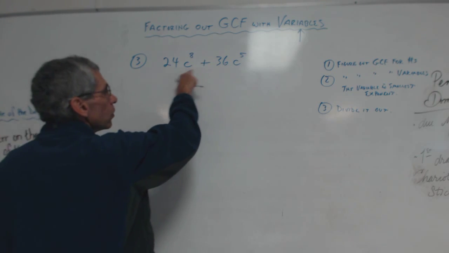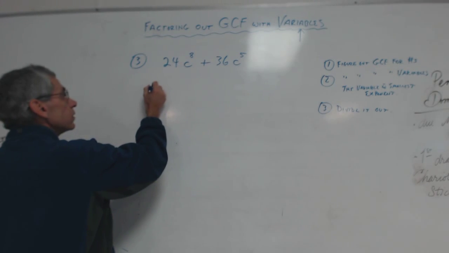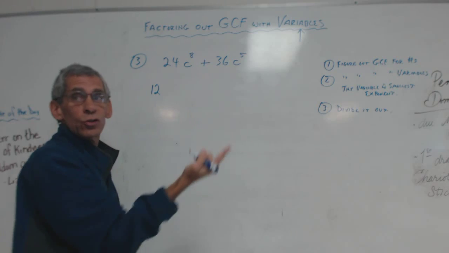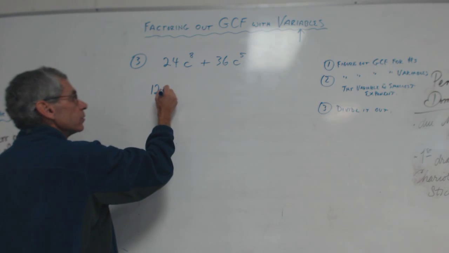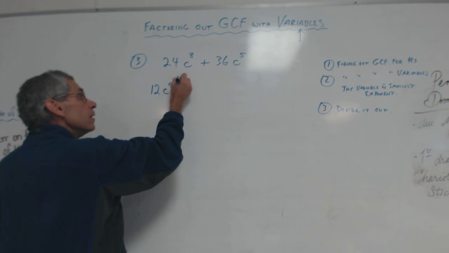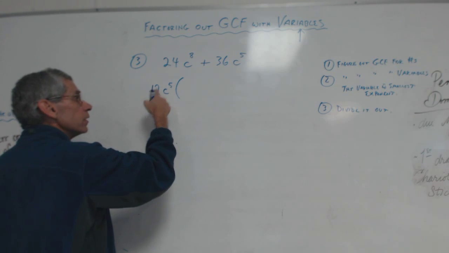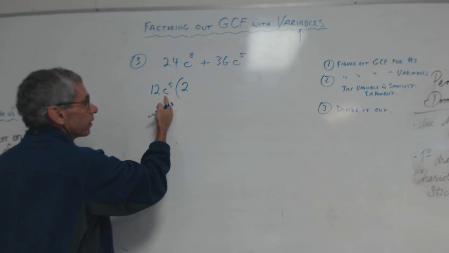Right? 24, 36, 12 goes into both of those, right? So 12 is my greatest common factor. I'll put 12. Now for my variables, I just have to choose one of the two. It's going to be c to the 5th because that's the smaller exponent. I immediately write that. Then I do my parentheses. I go 24 divided by 12 is 2. Okay, c to the 8th divided by c to the 5th.